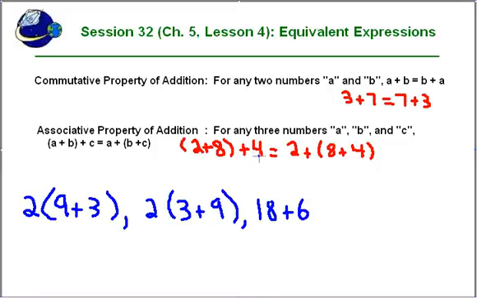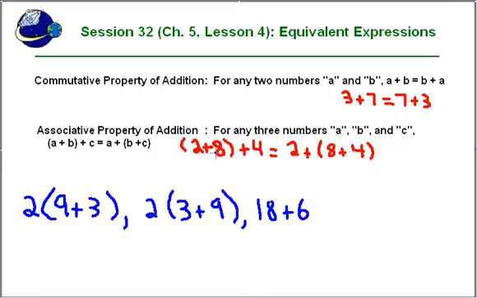So we have parentheses 2 plus 8, plus 4. We have to do what's inside the parentheses first. On the right-hand side, we have 2 plus parentheses 8 plus 4. Our parentheses are around different numbers over here, but since all three are being added together, it doesn't matter which order we do this in or which set of two numbers we place the parentheses around.